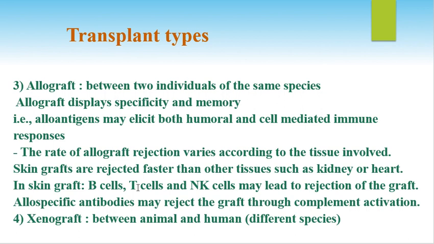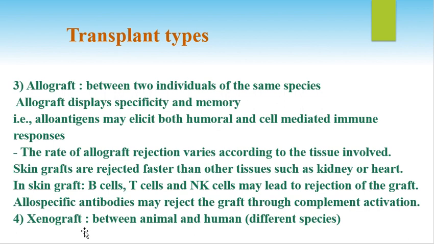For example, skin grafts are rejected faster than other tissues, such as kidney or heart. In skin graft, B cells, T cells, and natural killer cells may lead to rejection of the graft. Allo-specific antibodies may reject the graft through complement activation, and this is one of the characteristics of the specificity.